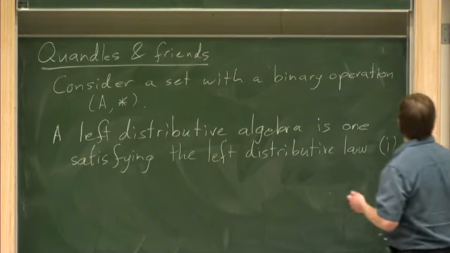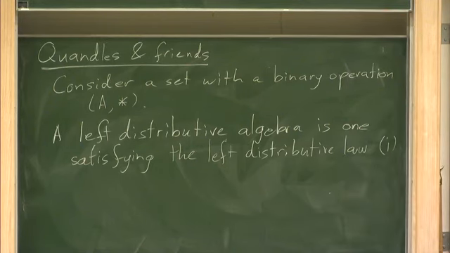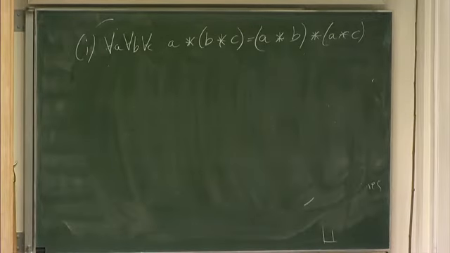I'll number that one. Let me write them over here so I don't erase them. That's just that A star (B star C) equals (A star B) star (A star C), for all A, for all B, for all C. This distributivity over itself might feel like an unusual algebraic axiom, but there are a few examples of these sorts of things around.